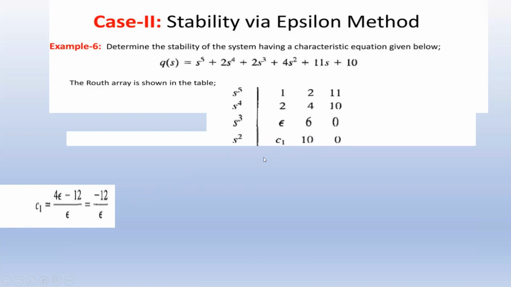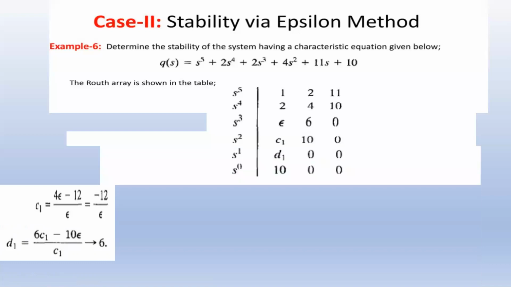Moving on to the next row in this Routh array, we have C1 into 6 minus 10 epsilon by C1, which is the coefficient over here, in terms of epsilon square, which we can find out just like that. If we substitute all of these, then we have the D1 coefficient over here, which is a function of C1 and epsilon.